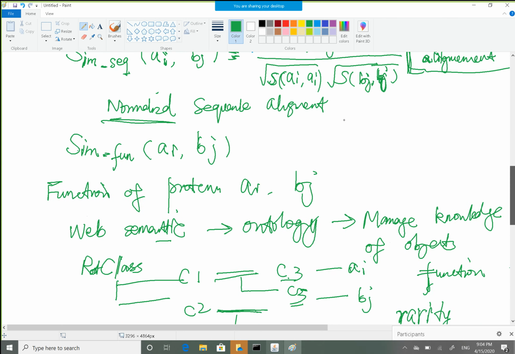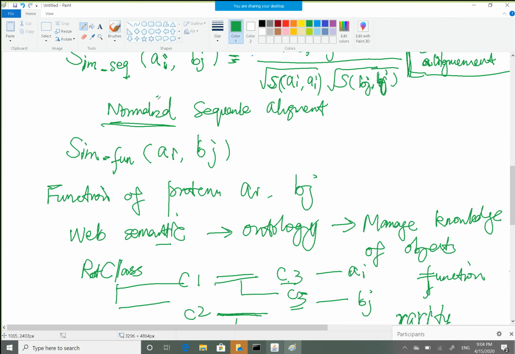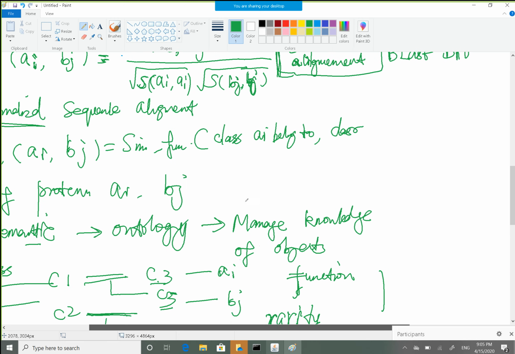So the similarity of AI and BGI corresponds to the same function of the ontology. What is the class? Class AI belongs to, and this is the class BJ belongs to, right?